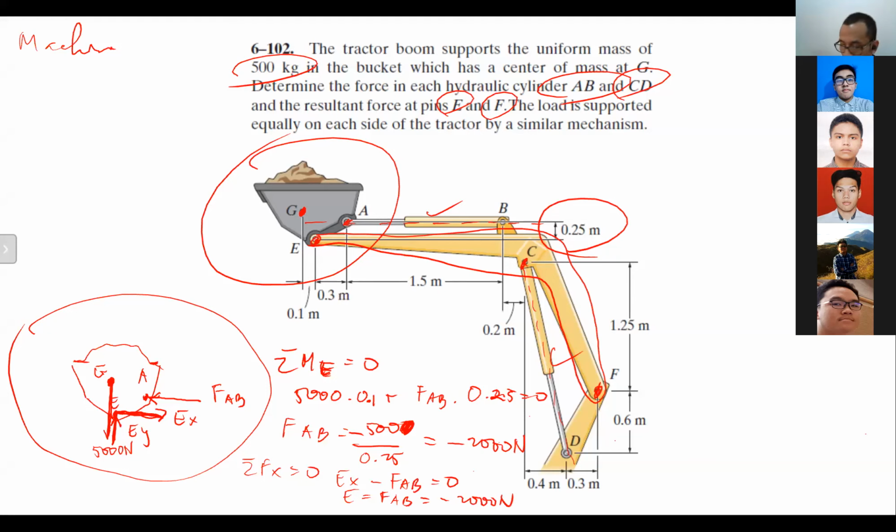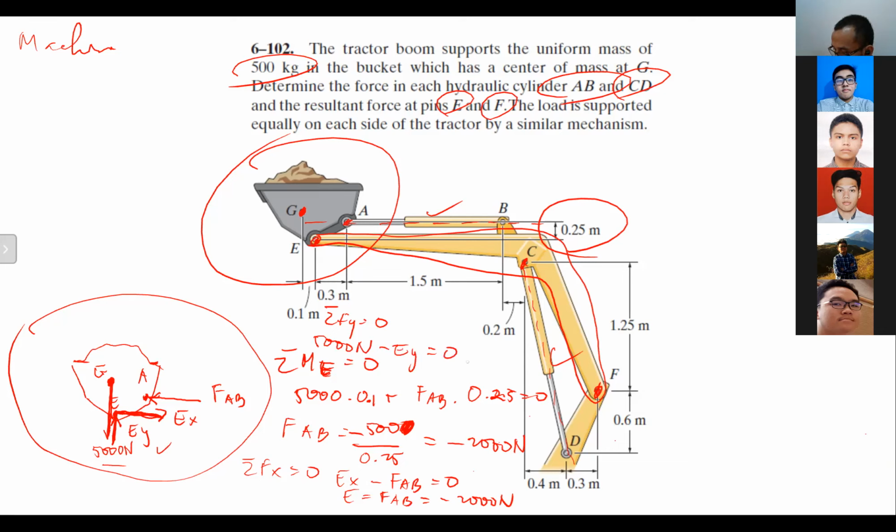Yes. Then using sigma Fy equal to 0, what will you have there? We have the weight, 5,000 newtons, minus EY equal to 0.